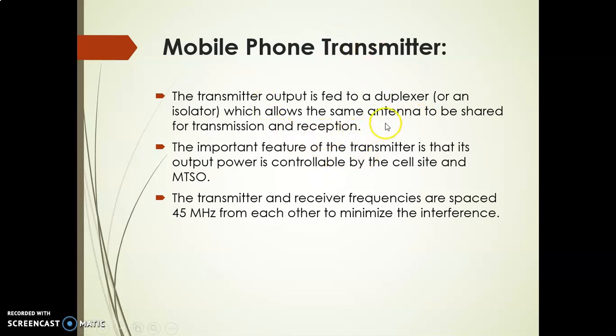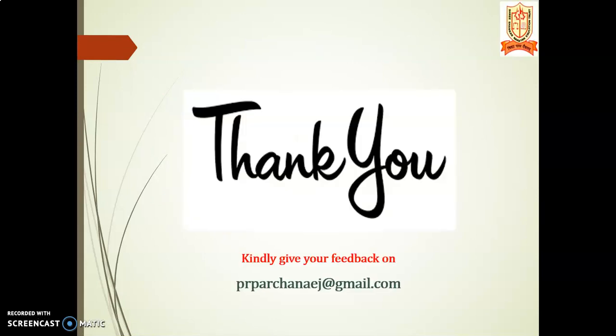Now, the important feature of the transmitter is that the output power is controllable by the cell site and the MTSO. And the transmitter and receiver frequencies have a gap of 45 MHz from each other to minimize interference. Okay, thank you.